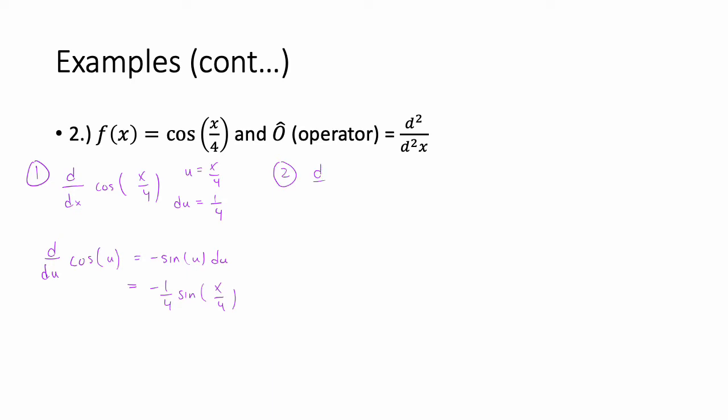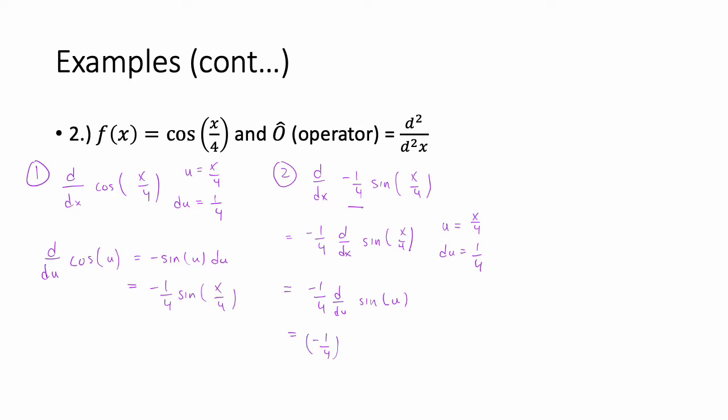And so now let's take the second derivative of our function. Constants can flow out, so I can rewrite this, and let's use u substitution again. The derivative of sine of u is cosine of u du.